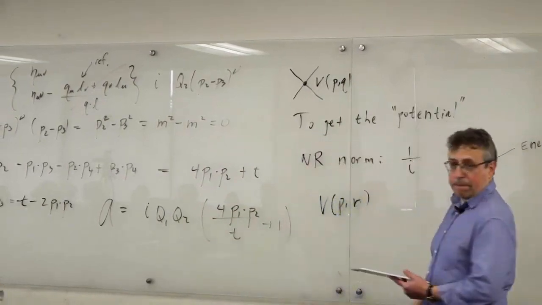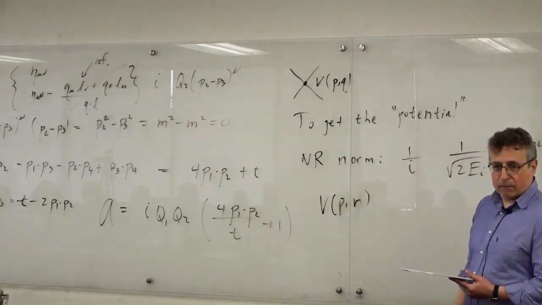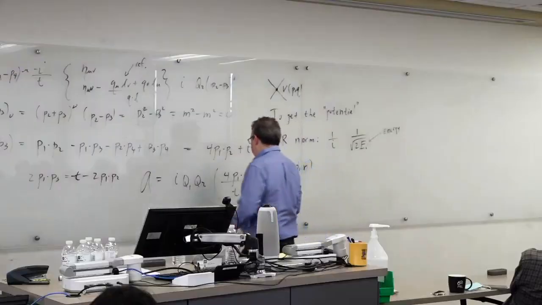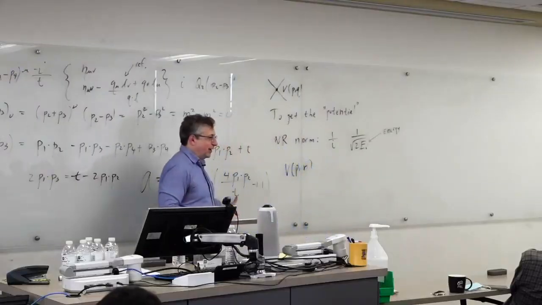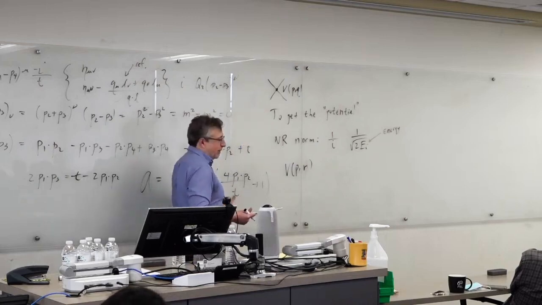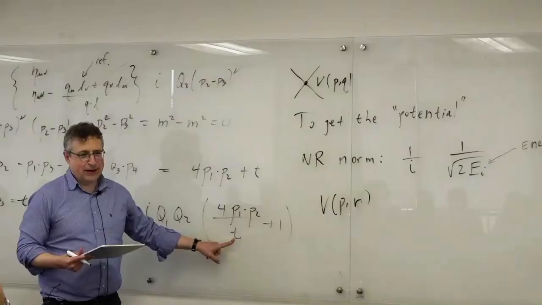Question? Yesterday you mentioned that it's non-local. Does that have to do with the fact that you're choosing a frame? No, it has to do with the fact there's a 1 over T here. That's all I mean. So when you match, that thing is non-local because it matches, and you need the 1 over T in there.